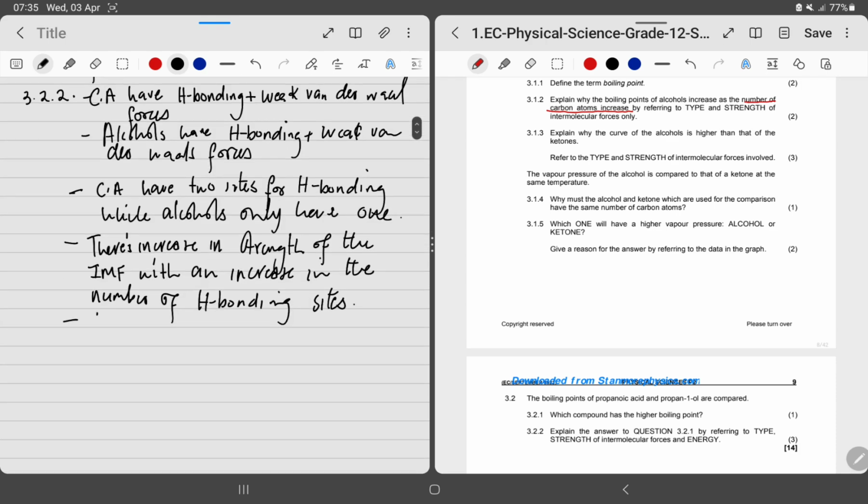This means that the carboxylic acids will require more energy to separate the molecules compared to the alcohols.